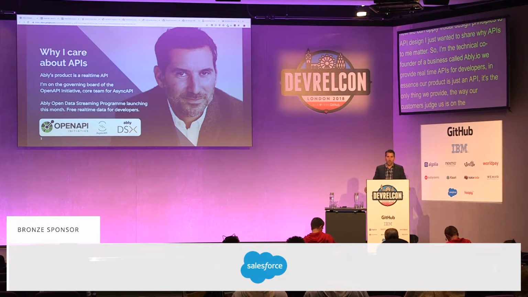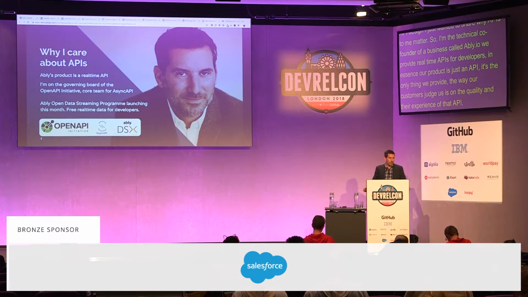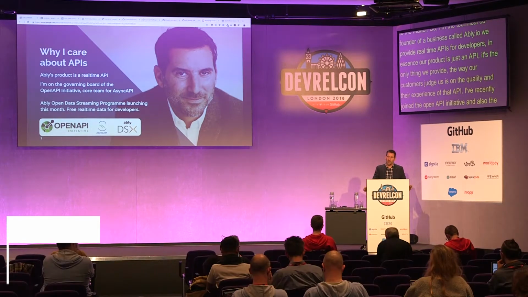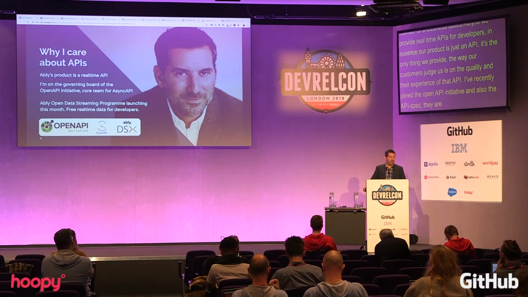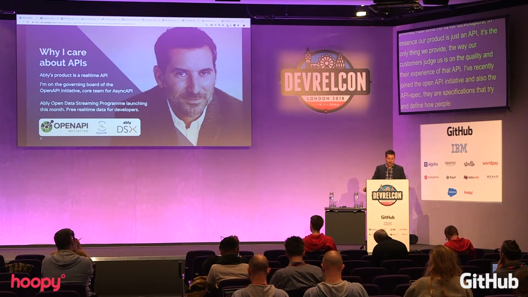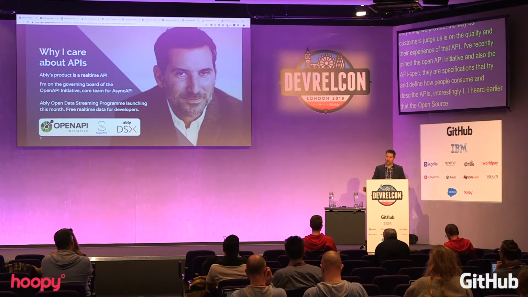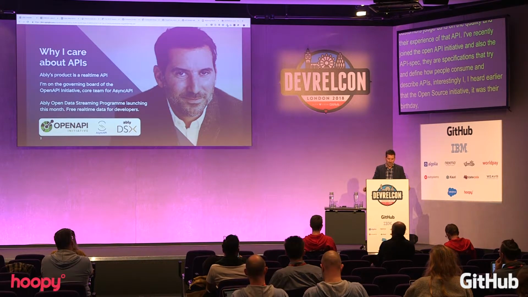I've recently joined the board of the OpenAPI Initiative, and also the AsyncAPI spec. Both of these are specs that are trying to define how people consume APIs and how we describe APIs. Interestingly, I heard earlier that it was the Open Source Initiative's birthday, but it's also the OpenAPI Initiative's third birthday, which is great.